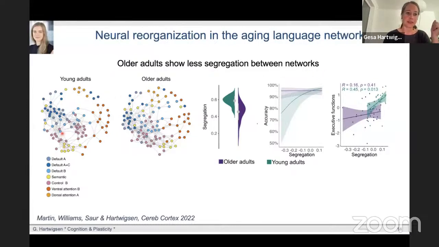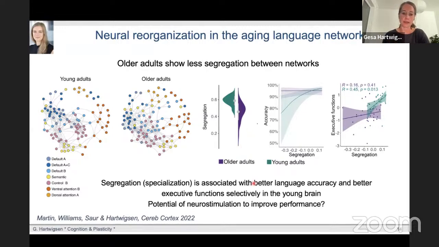Here you can see the visualization of the graphs for the different networks in young adults and old adults. And you can then quantify a measure which reflects the segregation, that is, how much networks form specialized communities. And you can see that older adults have significantly reduced segregation between networks. That is, they have more interaction between the networks and less specialized communities, so to say.